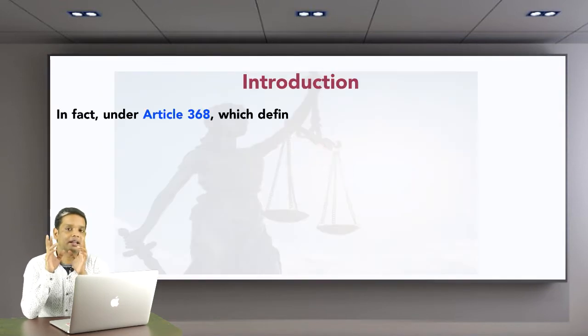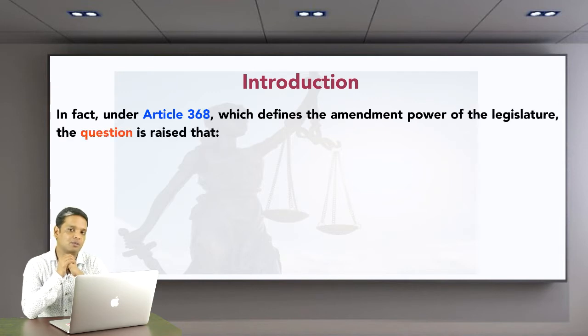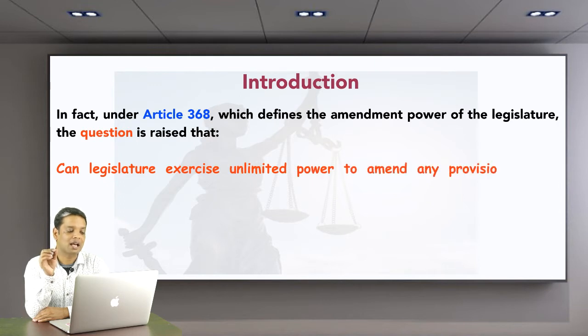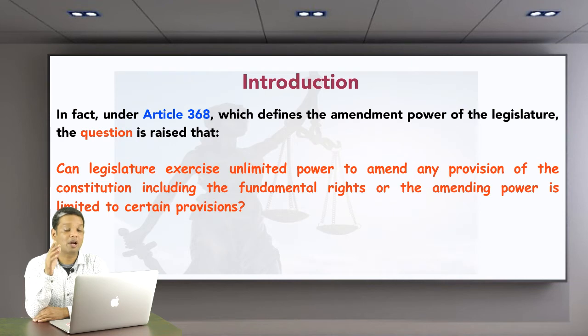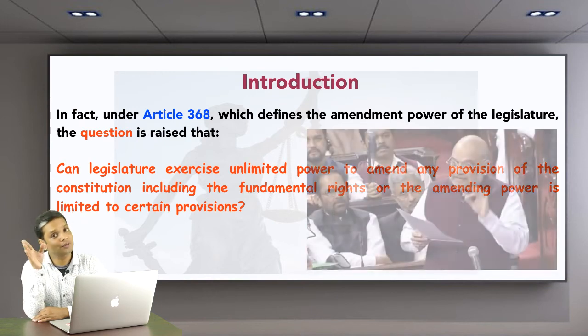Under Article 368, I believe you must know what it says, that is the amendment provision, which defines the amendment power of the legislature. The question is raised: can the legislature exercise unlimited power, focus on the term unlimited power, to amend any provision of the Constitution, including the fundamental rights, or is the amending power limited to certain provisions?